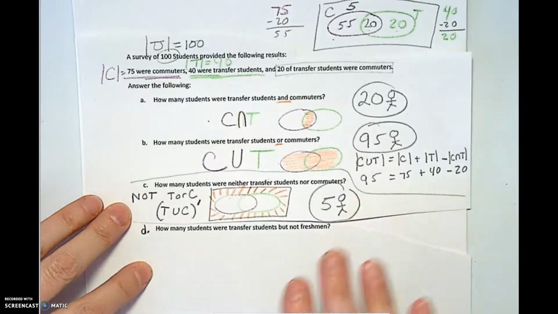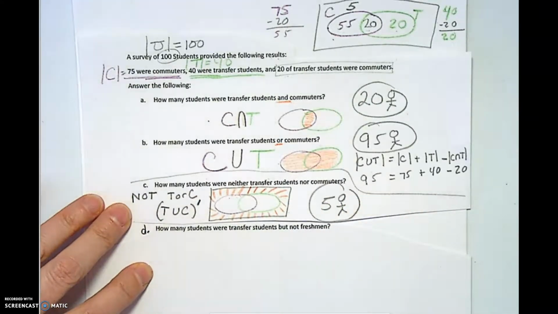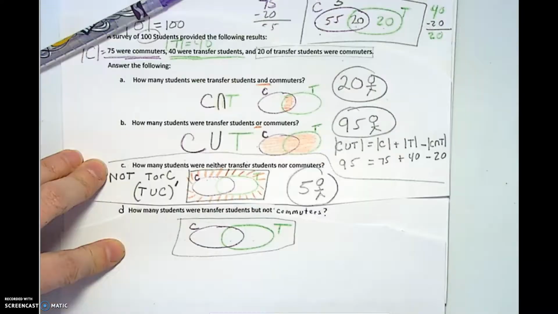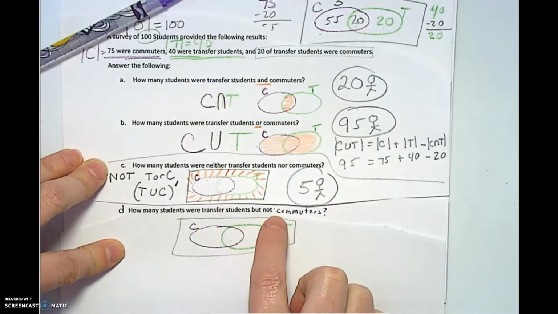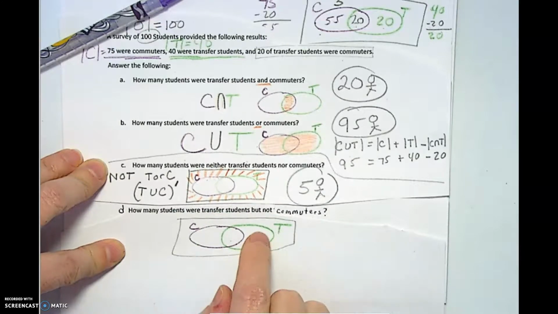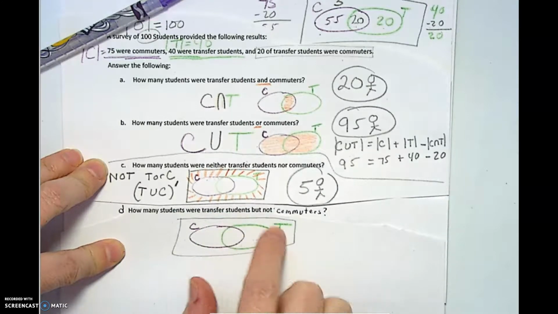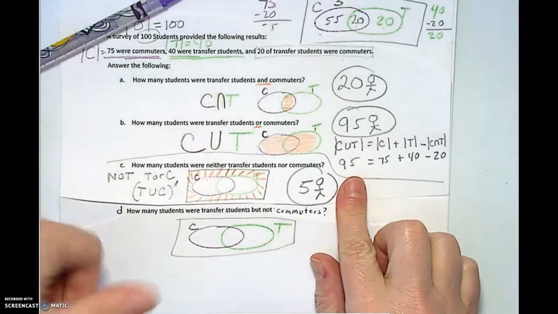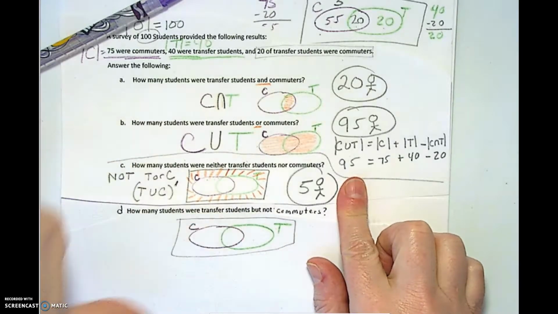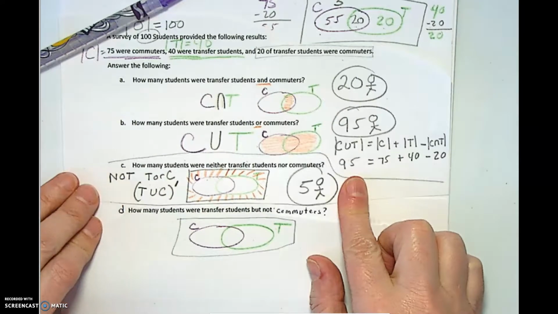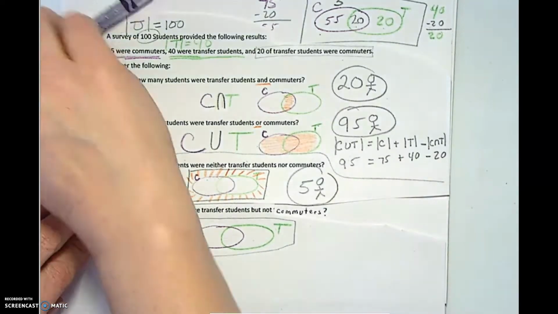All right, last question for this one is how many students were transfer students but not freshmen? This one definitely gets some people. Let's draw another Venn diagram. Okay, so clearly there have been some typos here, but this is how many students were transfer students but not commuters. Okay, so we want people that are within the transfer student circle but not the commuter circle. So but is the same thing as and, which I kind of mentioned earlier.